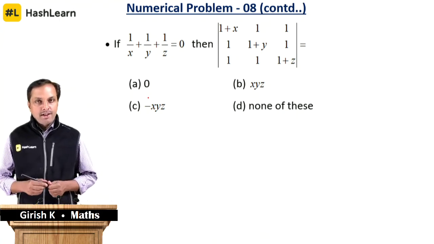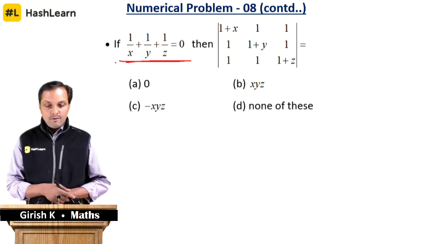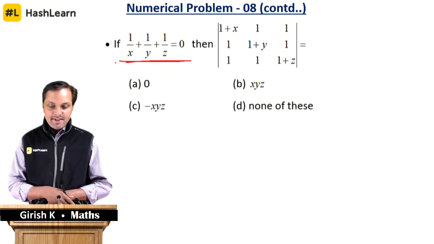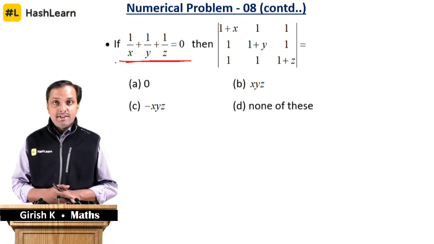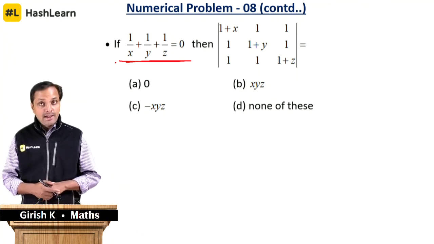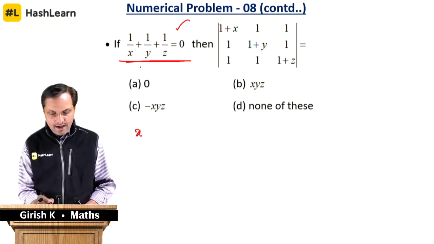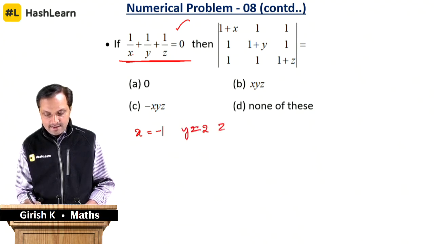Here they have given you the condition. What the condition is? 1 by x plus 1 by y plus 1 by z is equal to 0. So हमें x, y, z we need to select in such a way that the condition should obey. तो इसलिए if I assume x as minus 1, y as 2, z as 2.